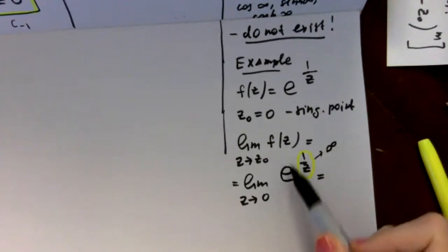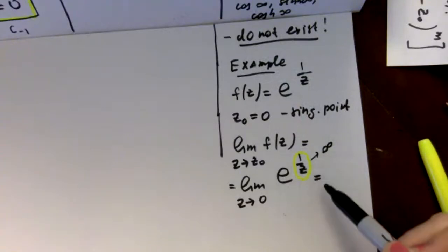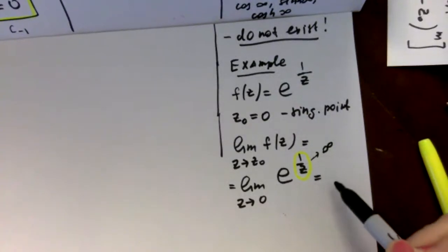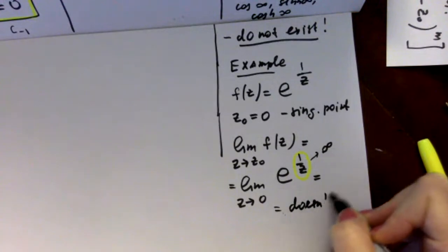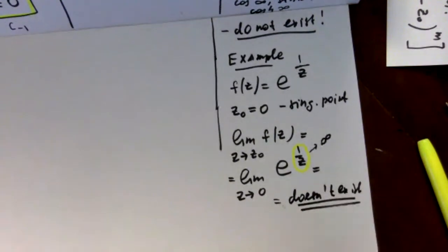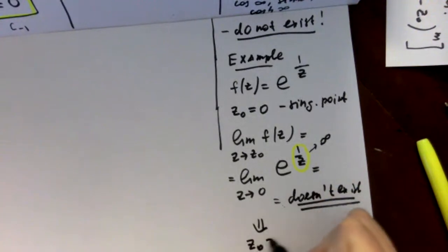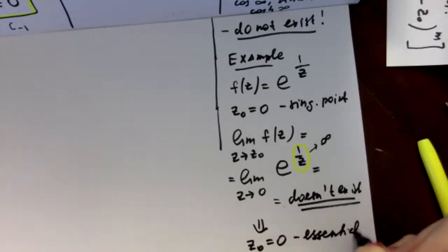And now you have exactly the same situation which I pointed out before: e to the power of infinity. In this case, your result should be written in words: doesn't exist. So that's how it happens. And that is why our conclusion will be that z0 equal to 0 is an essential singularity.